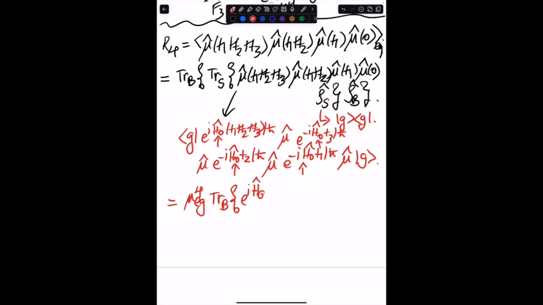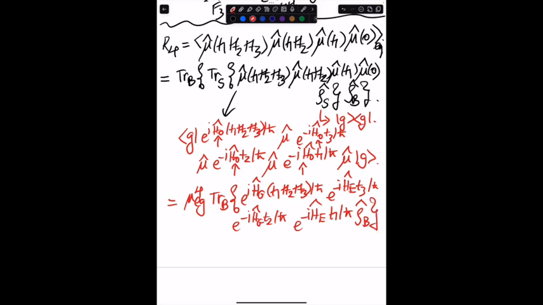So e raised to power i H_g (t1 plus t2 plus t3) upon h bar, e raised to power minus i H_e t3 upon h bar, e raised to power minus i H_g t2 upon h bar, and e raised to power minus i H_e t1 upon h bar, with the path equilibrium density operator.